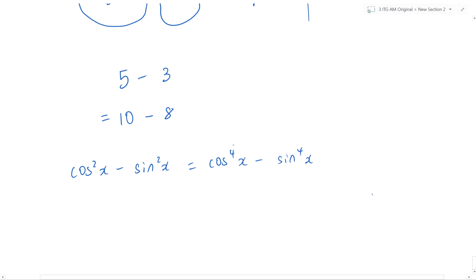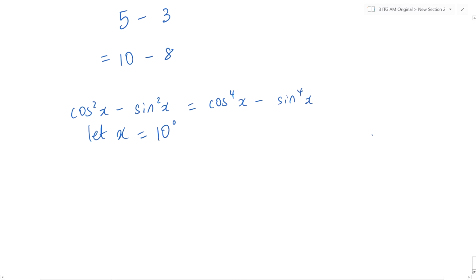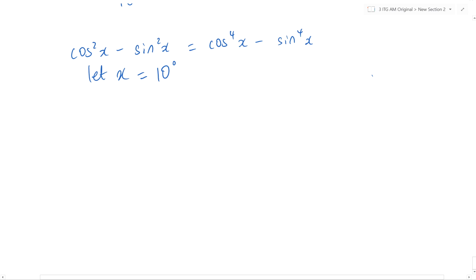You cannot sub cosine x equal to 2, because the maximum value of cosine x is 1. So suppose let x be something. Okay, let x be, for example, 10 degrees. Okay, now what is your point? You want to demonstrate whether it is true, is it? Okay, let's try. Left hand side equals cosine square 10 degrees minus sine square 10 degrees.